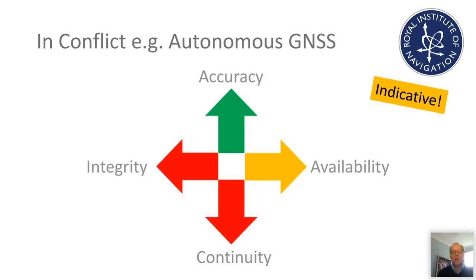But there are no guarantees over availability, and very rarely is there any flag that there's a problem. So you can't really trust or know that you can trust what you're reading on your device. And continuity, well, most of the time it'll work, but it may well not. So that's an example of how this could be applied.